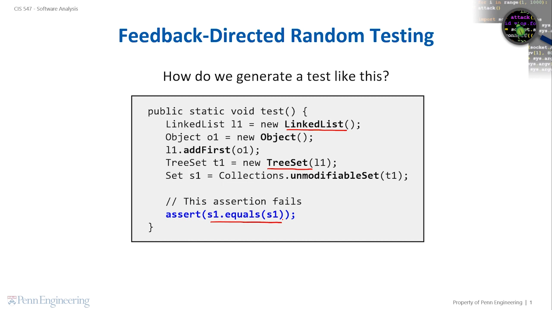A set S1 returned by the unmodifiable set library method is not deemed equal to itself, which violates the reflexivity property of the equals method as specified in the Java standard library API's documentation. This test actually reveals two errors, one in the equals method and another in the tree set constructor method, which failed to throw class cast exception as required by its specification.